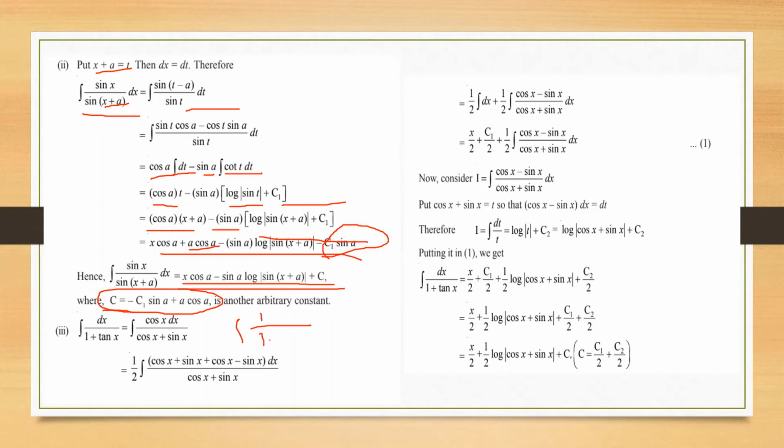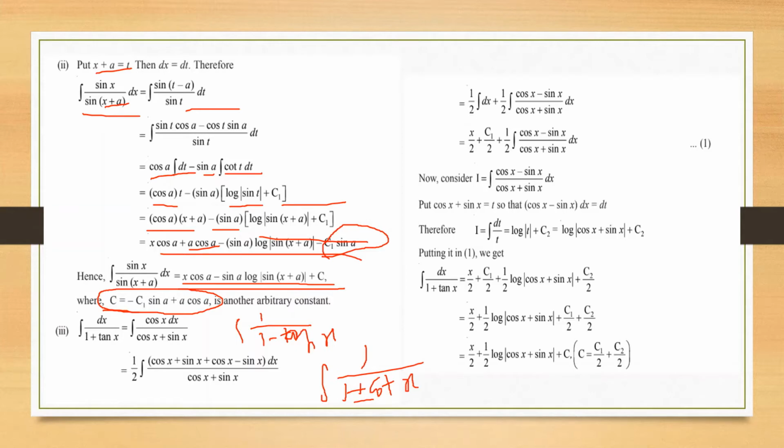Same question can be in the form of 1 upon 1 plus cot x, or 1 minus cot x. So there are 4 questions. Just understand how to do it, right? There are 4 questions, not one. I'm discussing one, but you will find one of them in the exercise, and they are actually 4 questions to be done with the same pattern.